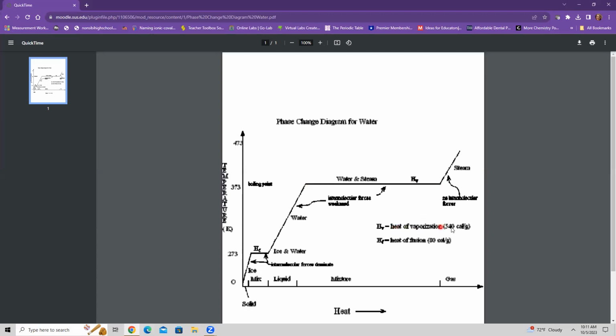The heat of vaporization is 540 calories per gram. It's a big difference between the heat of fusion and the heat of vaporization of water. And this is also known as your boiling point, just the temperature part, at which it happens. And then all of this heat exchange finally results in the breakup of intermolecular forces and becoming a gas. So all of that works together.